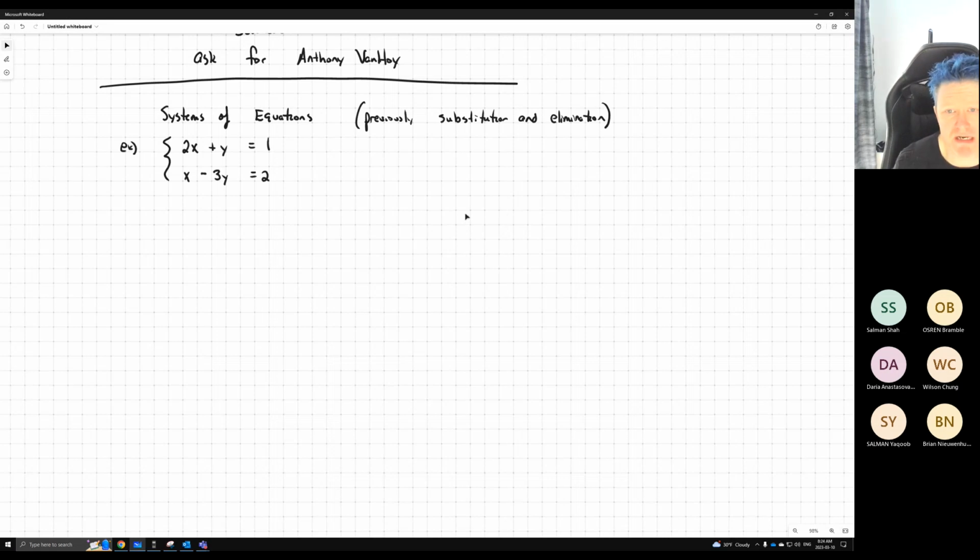So we previously talked about the substitution and elimination methods. We're going to talk about a different method today. Prior to the break, we'll talk about the 2 equation, 2 unknown case, like this example. And then after the break, we'll talk about 3 equations and 3 unknowns.